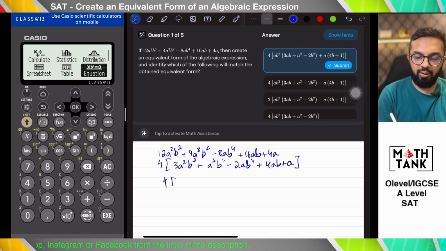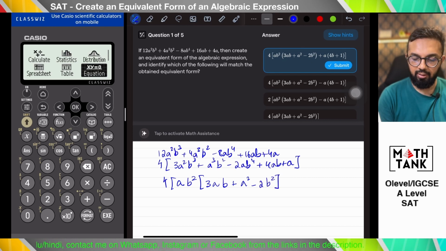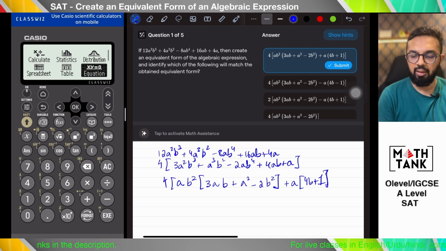So what is the common in the first three terms? I see an a common and a b squared common. So I'm left with 3ab plus a squared minus 2b squared. Those are the ones that are left. Then in the next two terms, I have this common, so 4b plus 1. That gives me the first answer option as the correct answer option.